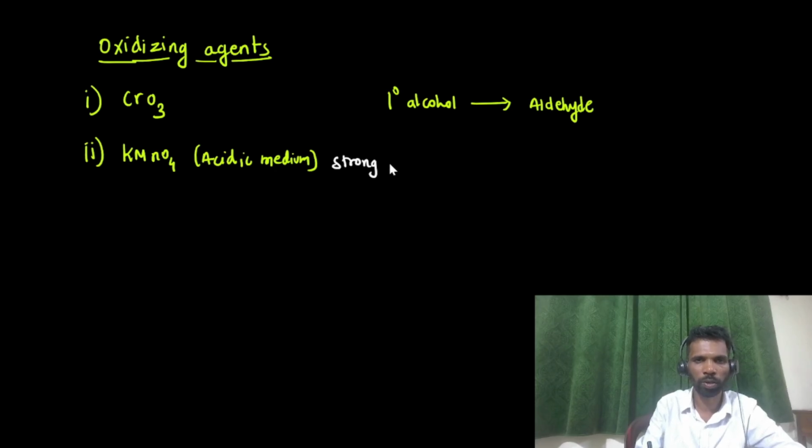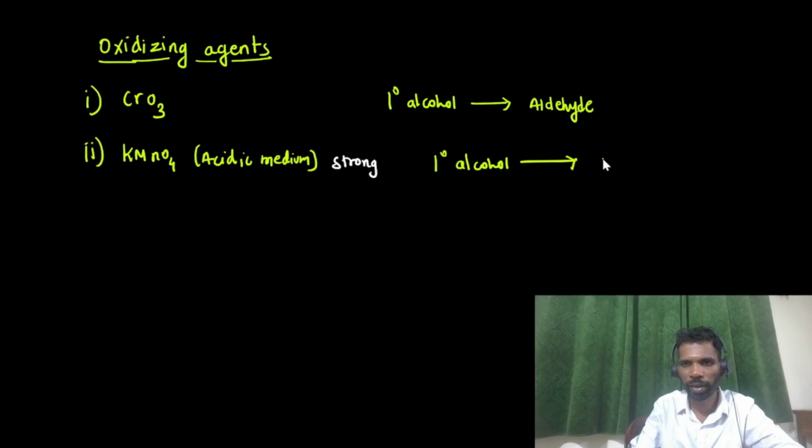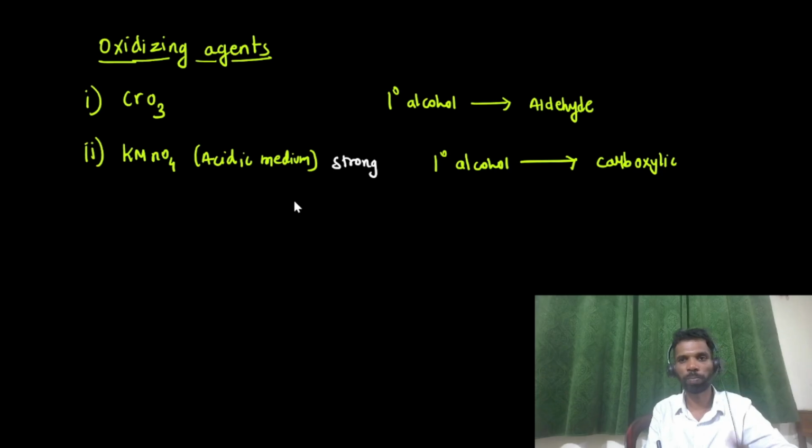It can oxidize primary alcohol, with aldehyde coming in between, but the reaction won't stop at aldehyde. It will get converted directly to carboxylic acid. If you refer to the flow chart, there is a primary alcohol, then aldehyde, and then carboxylic acid. But KMnO4 is the strongest oxidizing agent, which converts primary alcohol directly to carboxylic acid.